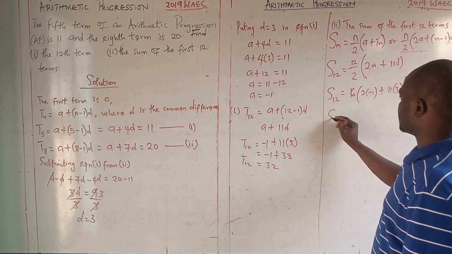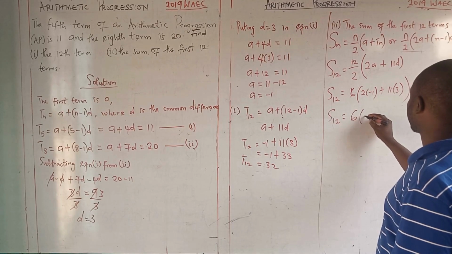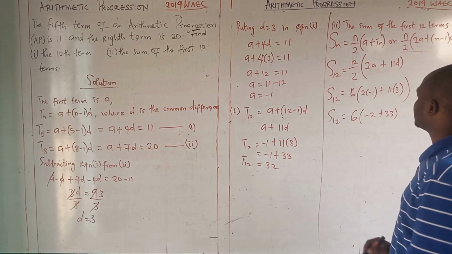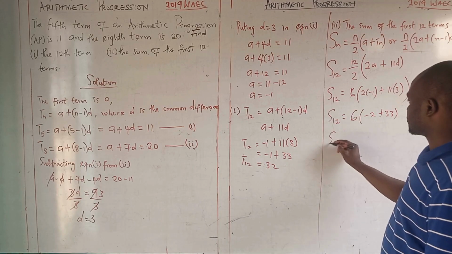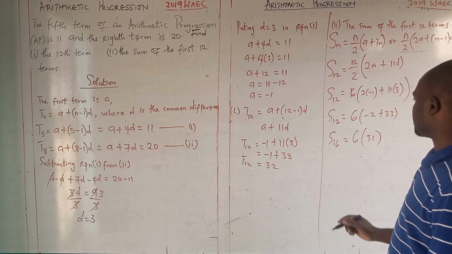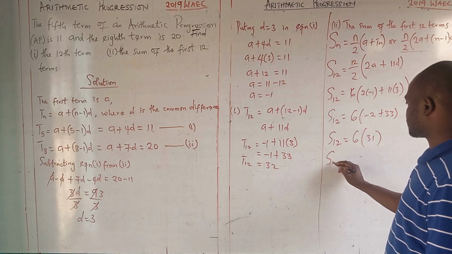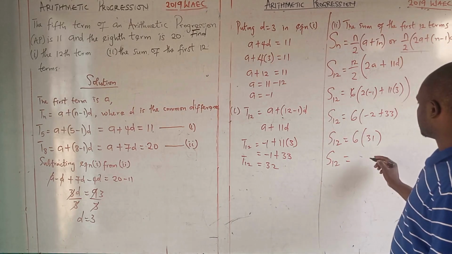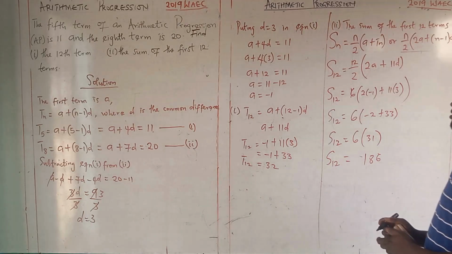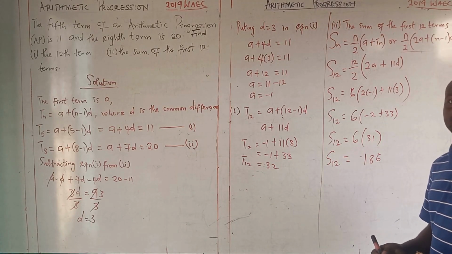That is S12 equals 6 into (minus 2 plus 33). That is S12 equals 6 into 31. Now, that is S12 equals 186. And that's the answer to the second question in the 2019 WAEC.